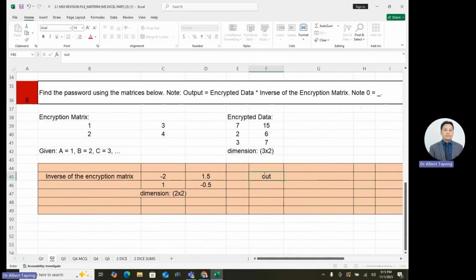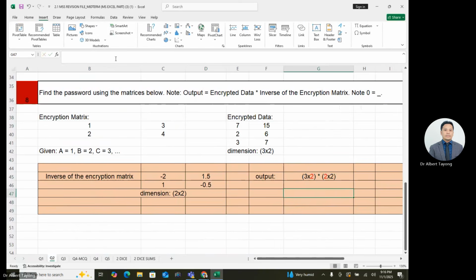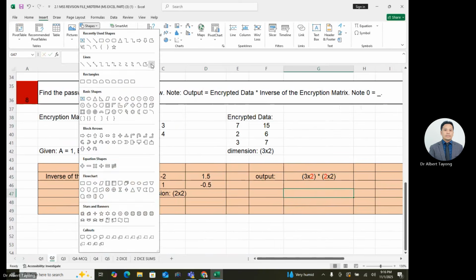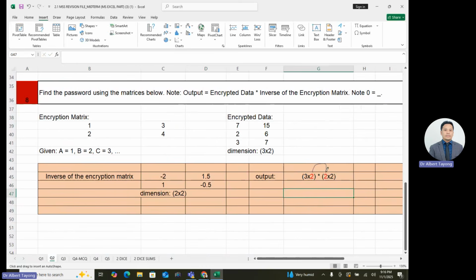So let's put the output here. We have 3 by 2 and multiply by 2 by 2 matrix. Let's look at the inner numbers. The inner number should be equal. Otherwise, we cannot multiply. So the inner numbers are equal. We have 2 and 2. These 2 numbers are equal.